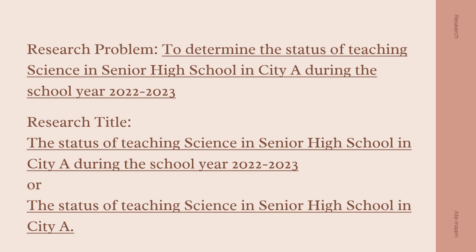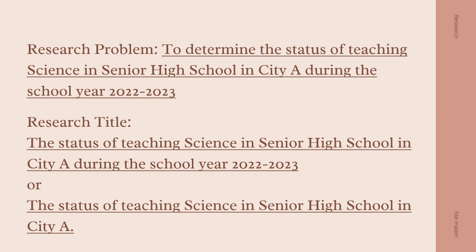You can also omit the word status since it is already understandable. So it could be teaching science in senior high school in CTA during the school year 2022-2023. That is a really simple way of creating your research title.